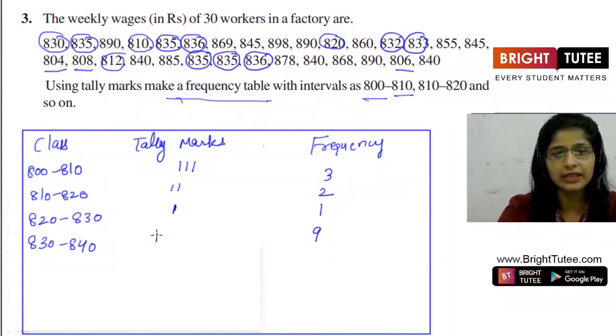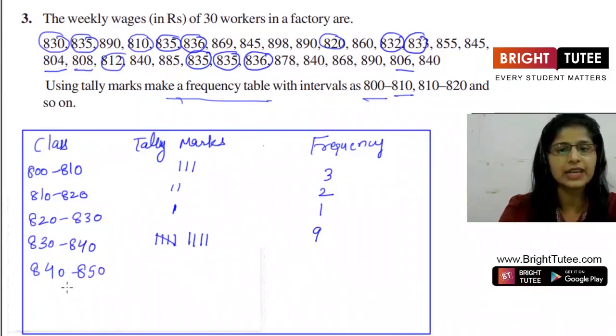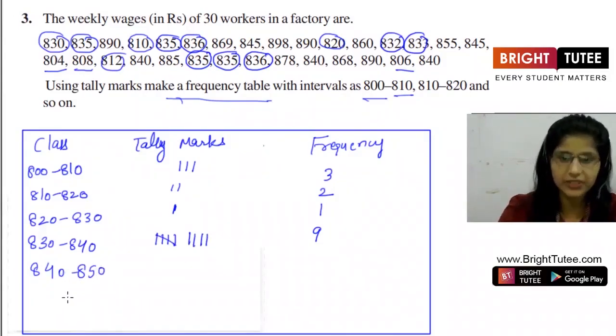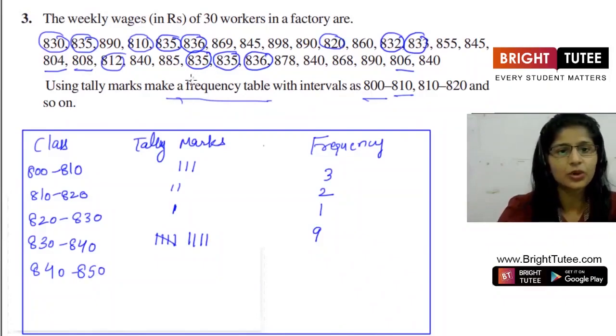So we have 9. 1, 2, 3, 4, 5, 6, 7, 8, 9. Clear? The next one is 840 to 850. Let us start counting for 840 to 850. So 840 would be included. Let us count.